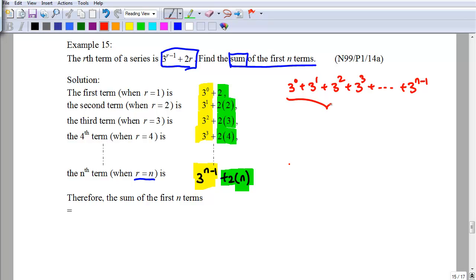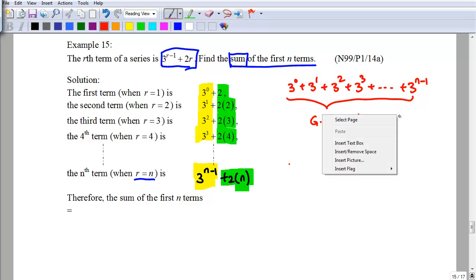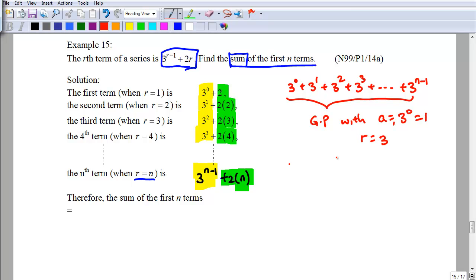Hey, we actually have a geometric progression with first term a as 3 power 0, which is 1, and common ratio as 3. The number of terms will be the number of terms that we are adding, that is n.